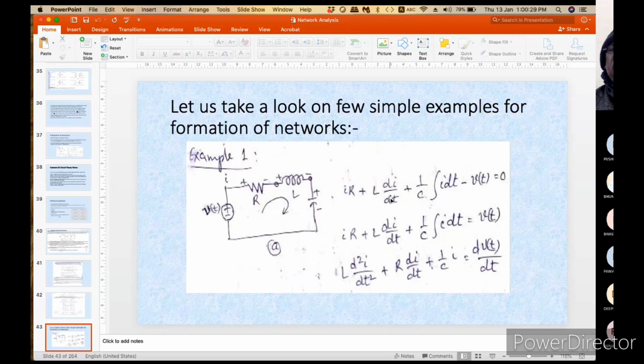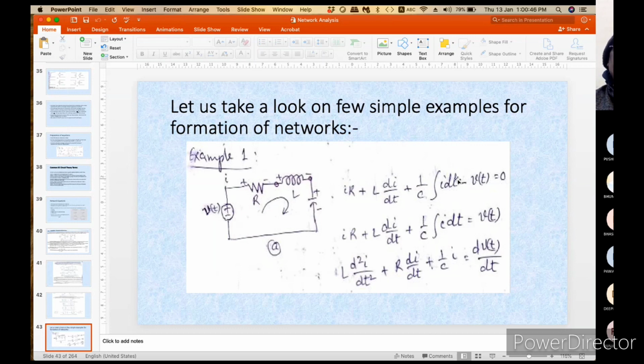We just saw it at the beginning. And for this capacitance, the voltage drop will be 1 by C times the integral from minus infinity to t of I(tau) d tau.